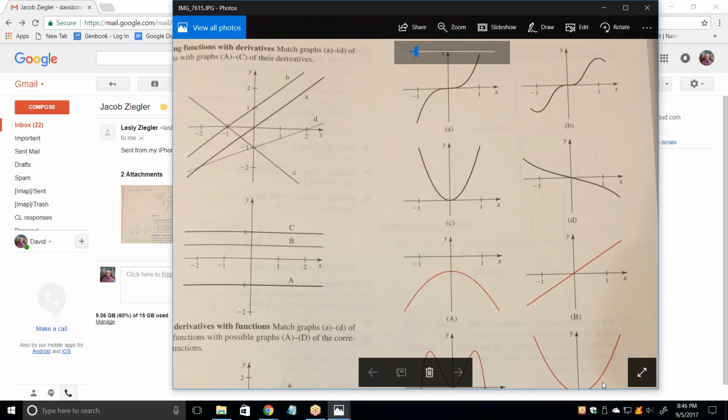And we can figure it out real quickly. What's the slope on the left-hand point? It's negative. No, it's positive. Slope. It's positive. Draw the tangent line. It's a positive slope. So therefore, are we talking about capital A or capital D?